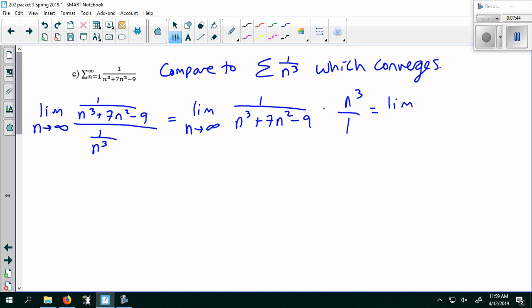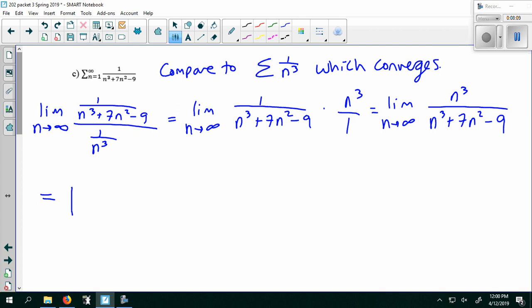So this becomes the limit as n goes to infinity of n cubed over n cubed plus 7n squared minus 9. And then I'm just taking a limit of a rational function where the degree of the numerator and the denominator are the same. So I get the ratio of the leading coefficients, which is 1 over 1 or 1.